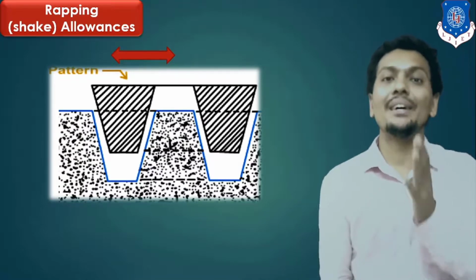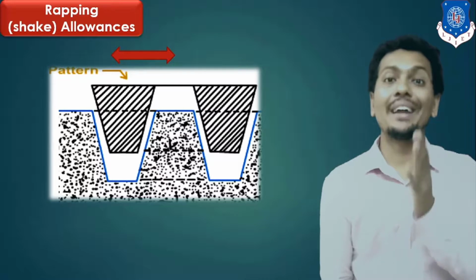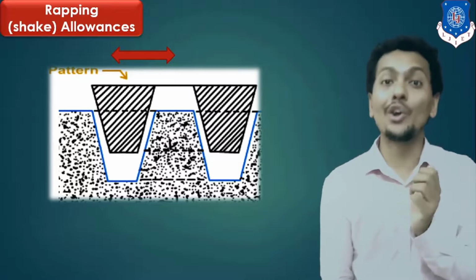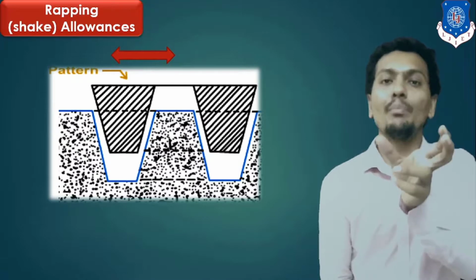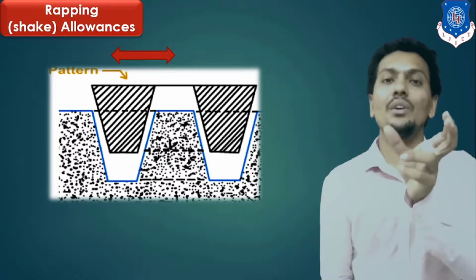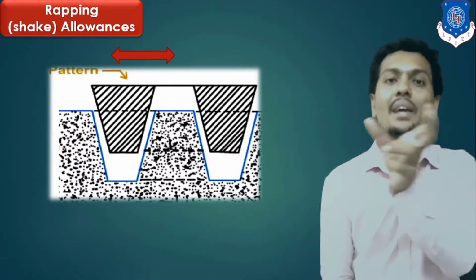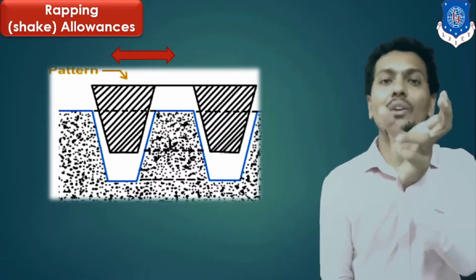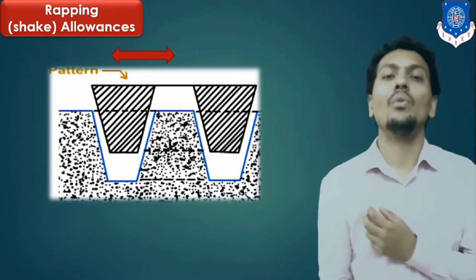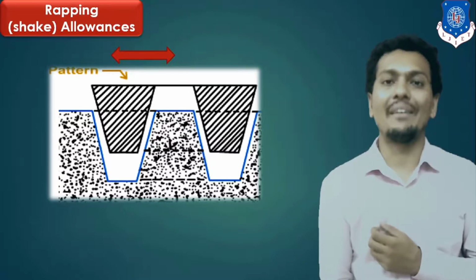This allowance is very important, and you have to consider it because no one can remove the pattern directly. First he has to shake the pattern a little bit. After loosening it in the cavity, you can easily remove the pattern from the cavity, right?